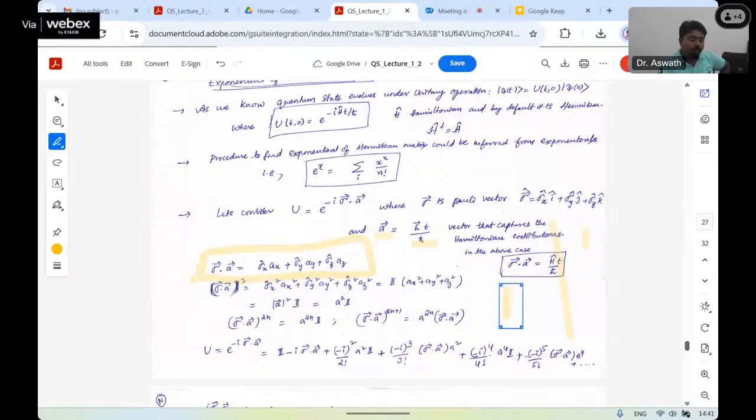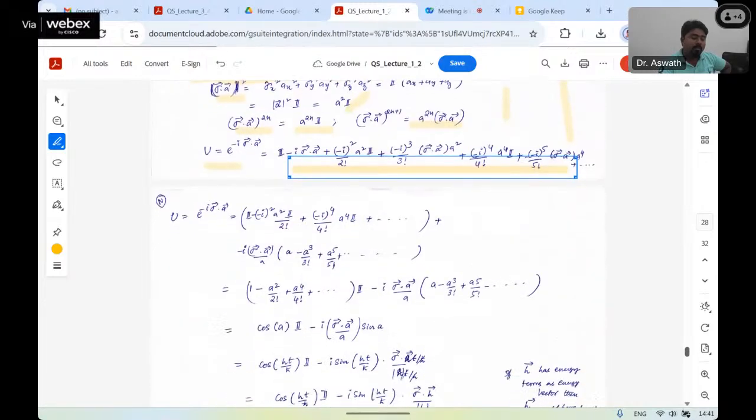Now, if you carefully find sigma dot a squared, it happens to be just a squared times I. So I can say sigma dot a to the power of 2n is a to the power of 2n times I. Now, having this relation, I can find the exponential of minus i sigma dot a. I include the i inside the x and write the exponential expansion.